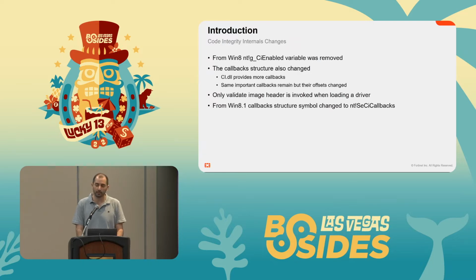They added a few other callbacks, and the placement in the structure of some of the important callbacks that we mentioned before changed, but essentially those callbacks are still there. And one other major thing is that now when the signature is validated, only the validate image header callback is being used.